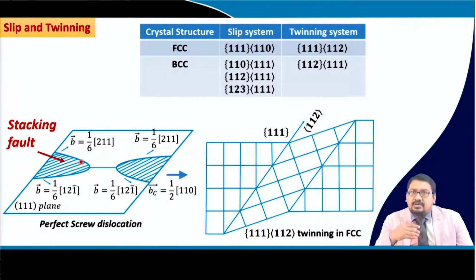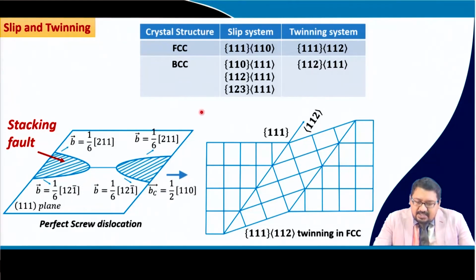So, twinning or deformation induced twinning occurs in order to sustain that shape change in the material that is imposed by that Cauchy stress tensor applied in the material. So, the twinning in case of FCC materials, say for example, is the 111, 112 type twinning that occurs, right.